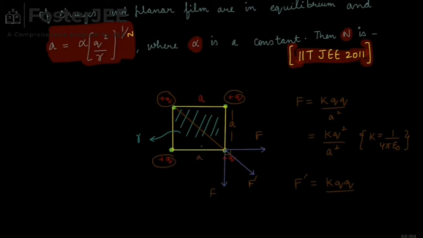If this side is A, this side is also A, so the diagonal becomes root 2 A by Pythagoras theorem. Hence, this force becomes KQ squared upon 2A squared. This is F only, so F dash can be written as F upon 2.